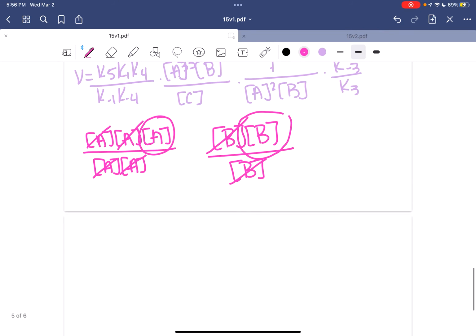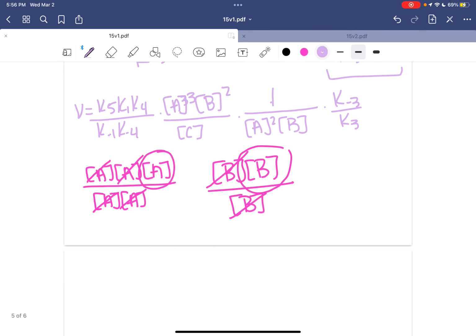And so if we add a new page, we can rewrite our rate law expression. And I'm going to take these K values and just move them over to the left so they're combined with all of the other K values that we've been putting into this equation.